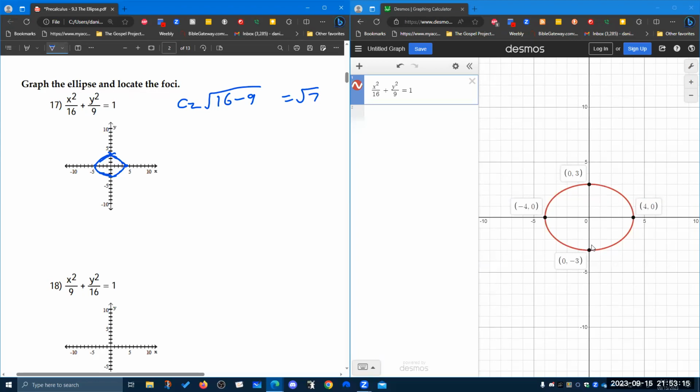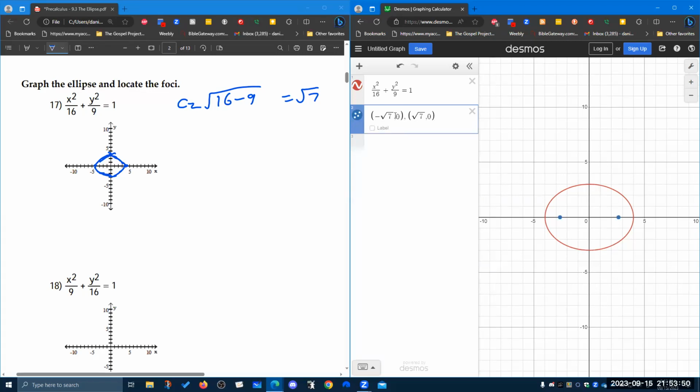So if I want to graph the point here that is 0 plus the square root of 7, if I want square root of 7, 0 as well.